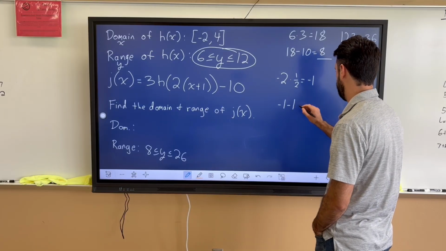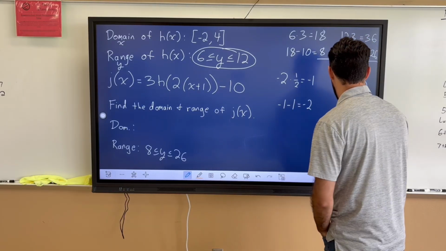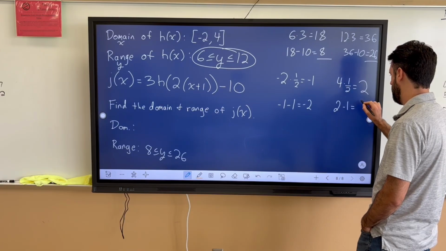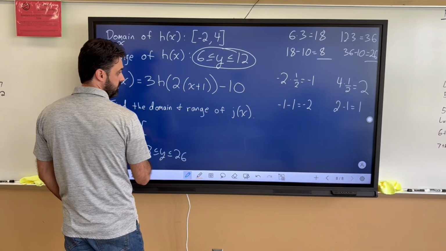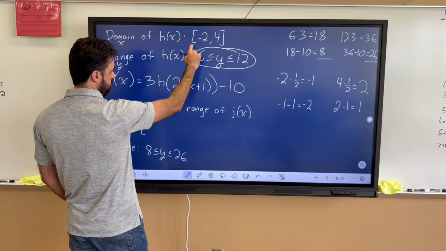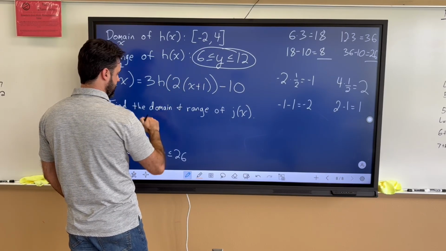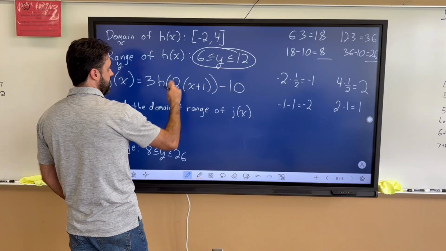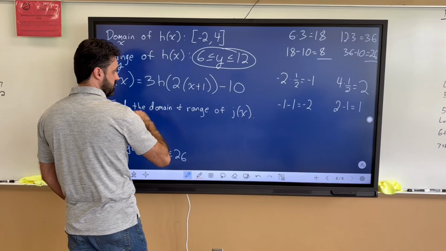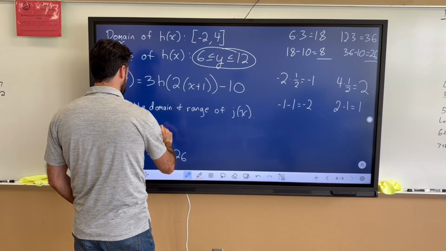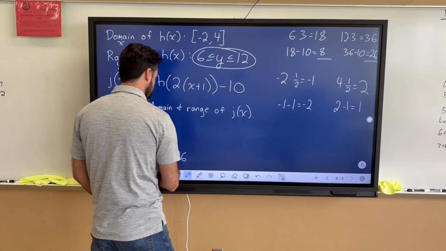So we're going to subtract 1 from -1 to get -2. And we're going to subtract 1 from 2 to get +1. So our domain, again, I took that first x value, multiplied it by a half, and then subtracted 1, and I got -2. And then same thing, I took the second x coordinate, multiplied it by 1/2, then subtracted 1, and that gave us 1. All right, so that's our new domain.